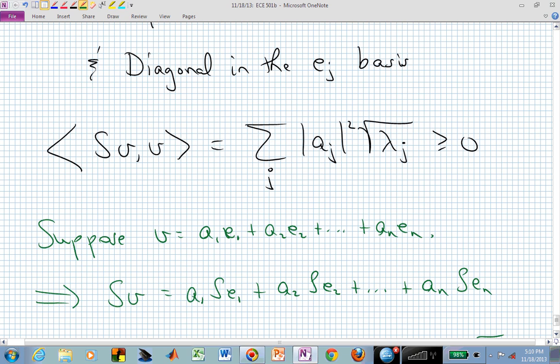We now have these coefficients, magnitude squared, for each j scaled by this square root of lambda j, and the square root of lambda j was positive, as is this magnitude of the coefficient.